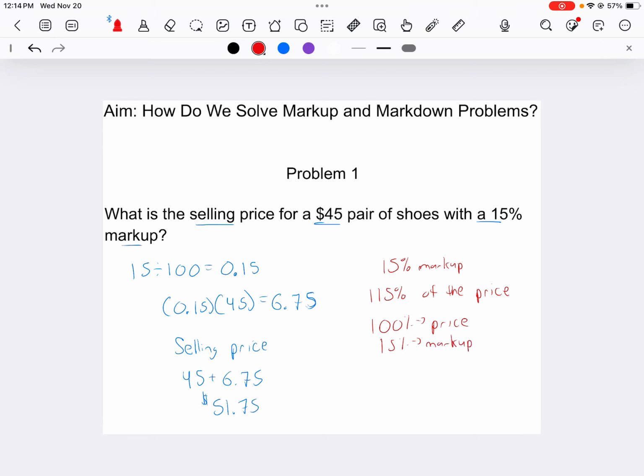So that total is 115%. So 115 divided by 100 is 1.15, and 1.15 times 45 is going to give us $51.75, which is the same price we had originally.